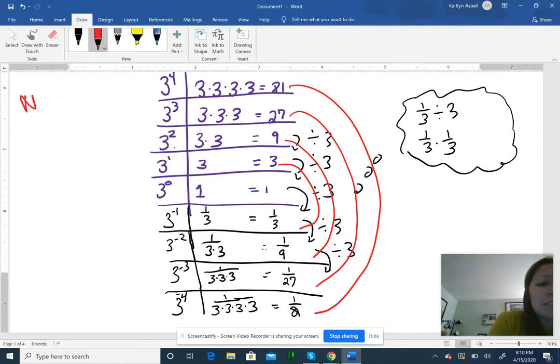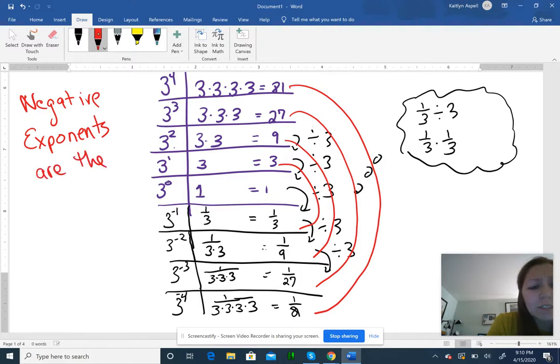Negative exponents are the reciprocals of the positive exponents.